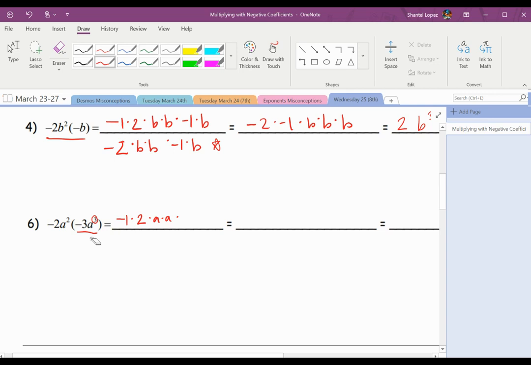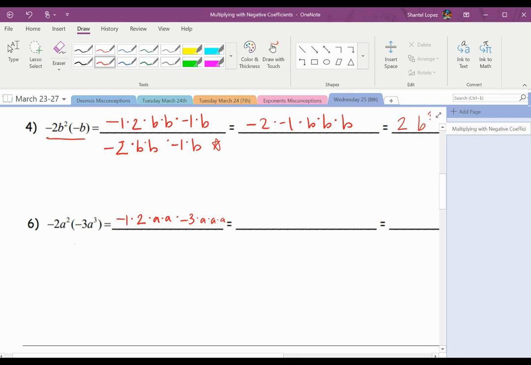No, it's not. Why isn't it? And when would it be? So if this exponent was right here on the outside of the parentheses, then I would have 3 of everything inside. But since it's on the inside, it's only attached to the a. So this is going to be negative 3 times a times a times a.